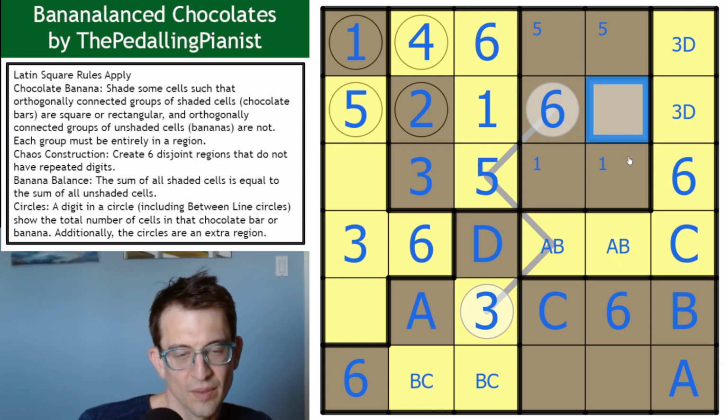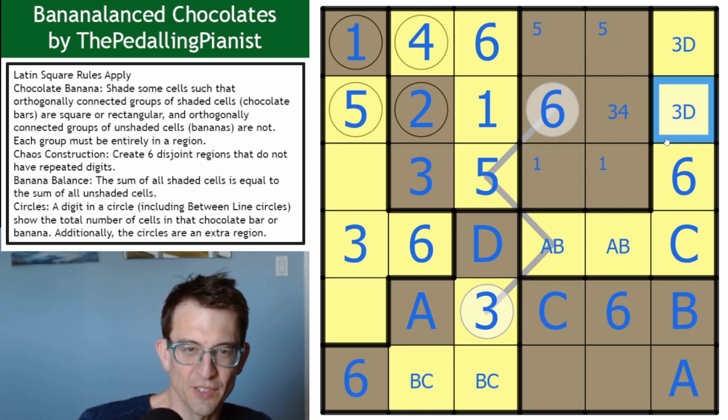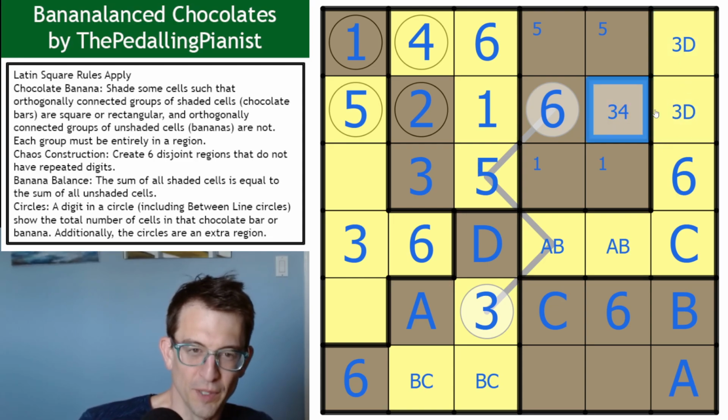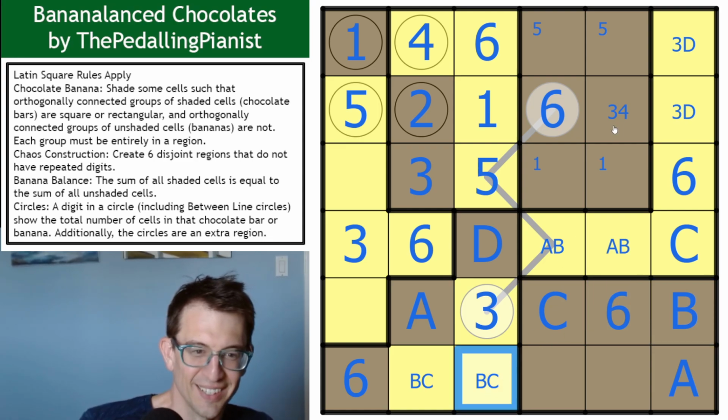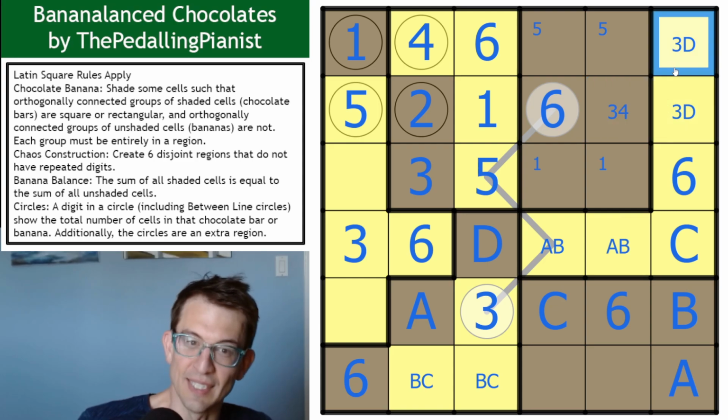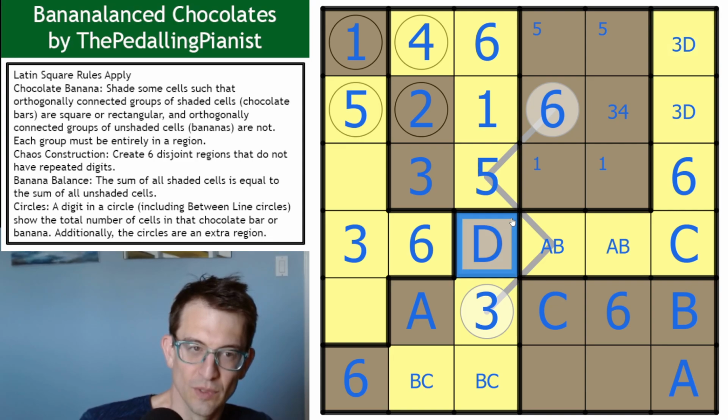This is 3 or 4, but I don't think that means it's 3 or D. Or is there any? No, these can't both be 4. So if this is 3, or if this is 4, it's B or C. So this cell. Oh wait. If this is 4, that's 3, that's D, which will be 2. 4, 3, 2. 1, 2.